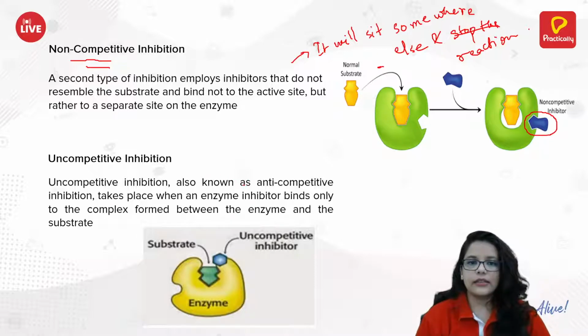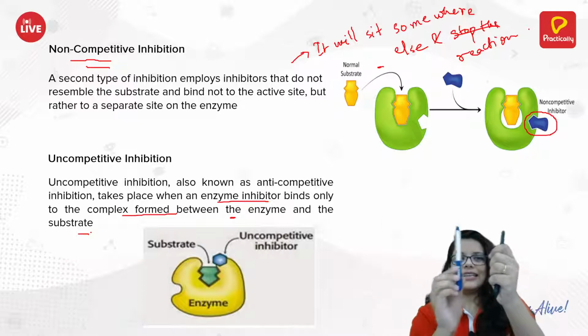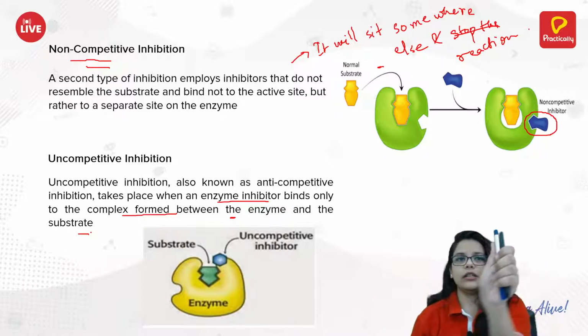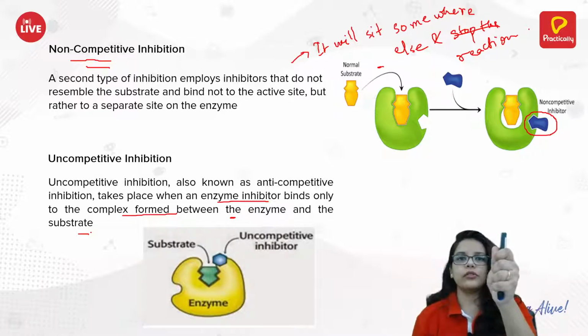Or anti-competitive inhibition: the inhibitor binds only to the complex formed between enzyme and substrate. So it will attach to the complex only. It will attach like this. Not instead of the substrate, not somewhere else. It will attach together.